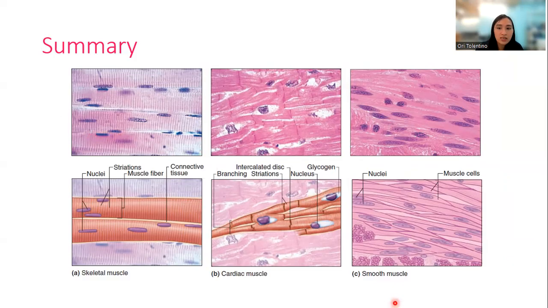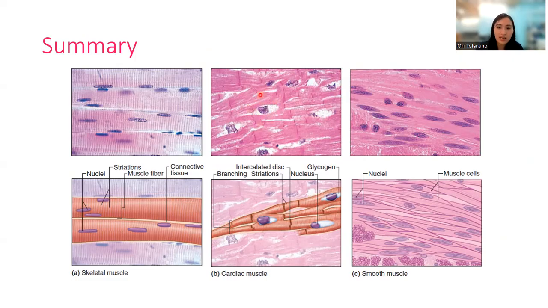Your cardiac muscles are involuntary with short cells. They are also cylindrical, but they are branching cells. They are uninucleated or binucleated, with one or two central nuclei in the center of the cell.